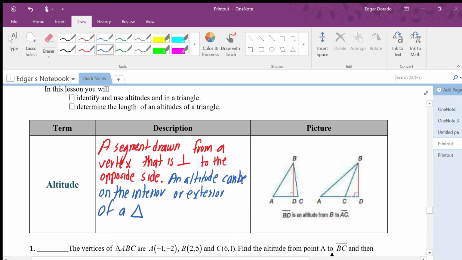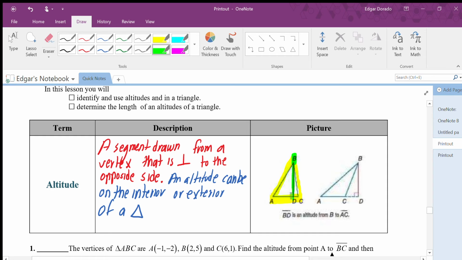Okay, and all that means is basically just like what I'm about to show you here on these two pictures. So triangle ABC is right there. I'm being asked to draw an altitude from the vertex B. Notice if I draw an altitude from B, I have to go to the opposite side, which is AC, and I have to draw something that's directly perpendicular.